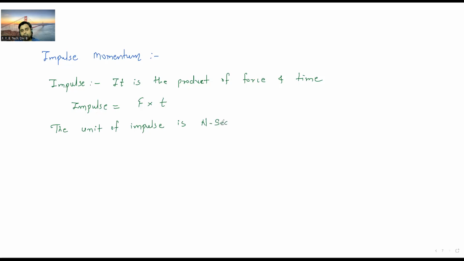So the unit of impulse is Newton second or kilonewton second, these can be etc. Okay. Normally Newton second is used. The SI unit of force, Newton, is normally taken, and for time, second is normally taken. Although you can measure it in minutes or hours also, generally second is taken.